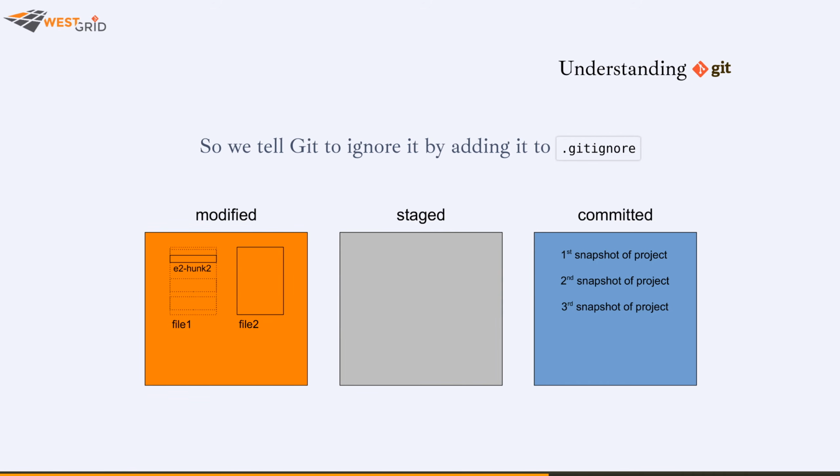So the way to go about this is to tell Git, okay, just ignore file 2. Don't worry about it. And we do that by adding it to a file that we create that is called .gitignore. In Linux, all the files that start with a dot are hidden files, and so .gitignore is one such hidden file.